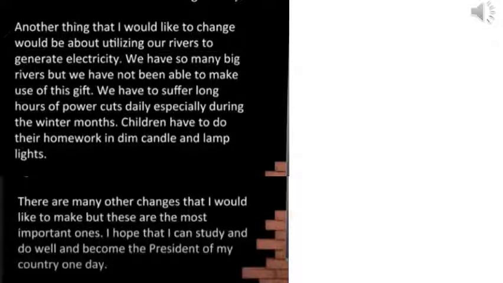We have to suffer long hours of power cuts daily, especially during the winter months. Children have to do their homework in dim candle and lamp light. There are many other changes that I would like to make, but these are the most important ones. I hope that I can study and do well and become the president of my country one day.